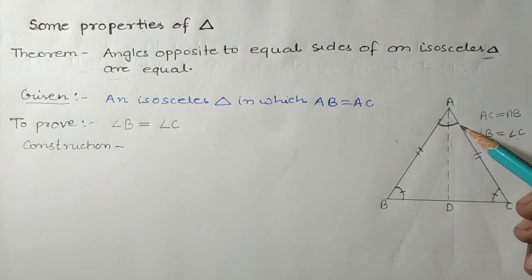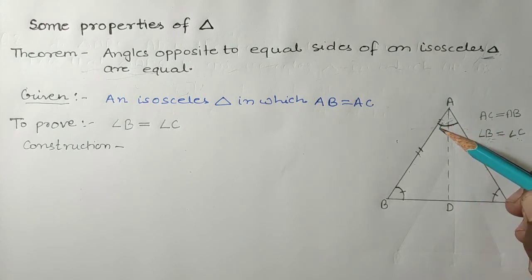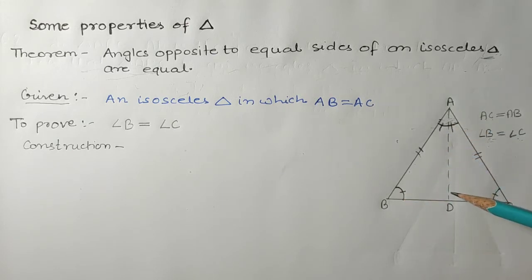After drawing it, angle A is divided into two equal parts: one part is angle BAD and the other is angle CAD.